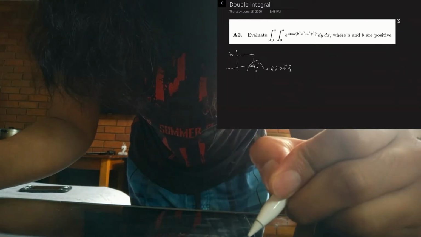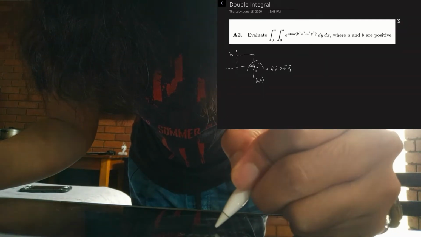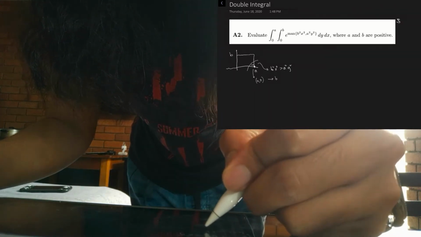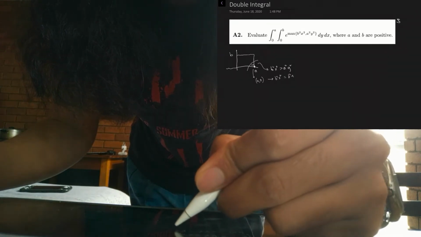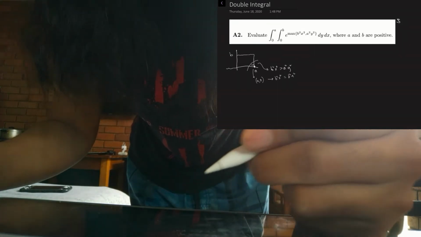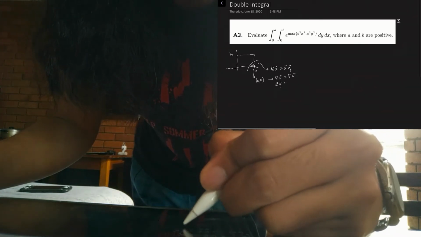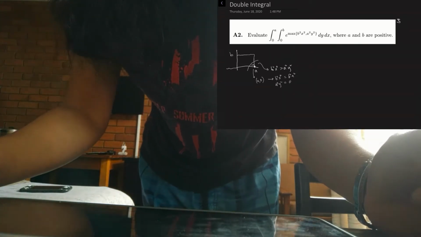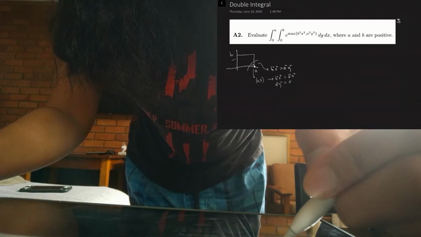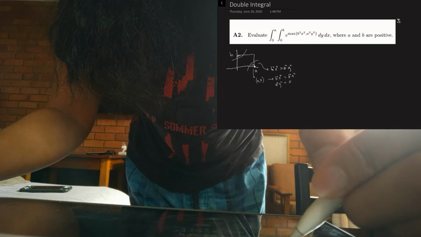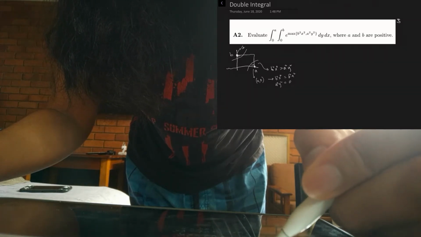In fact, at this point, (a, 0), you have b squared x squared equal to b squared a squared, because x is equal to a, while a squared y squared is equal to 0, because y is equal to 0.